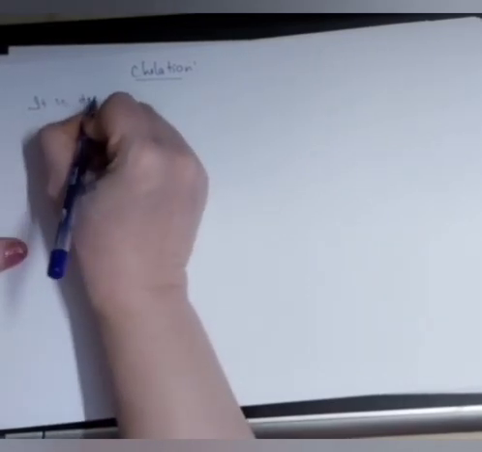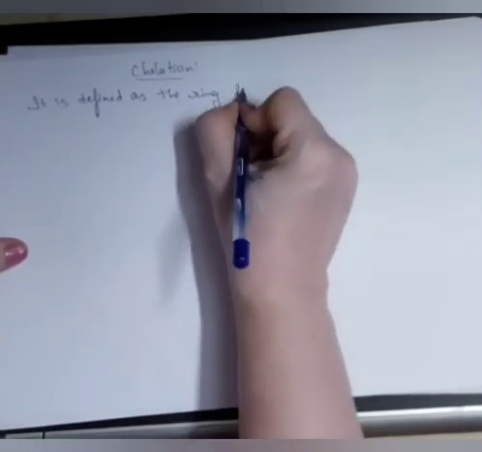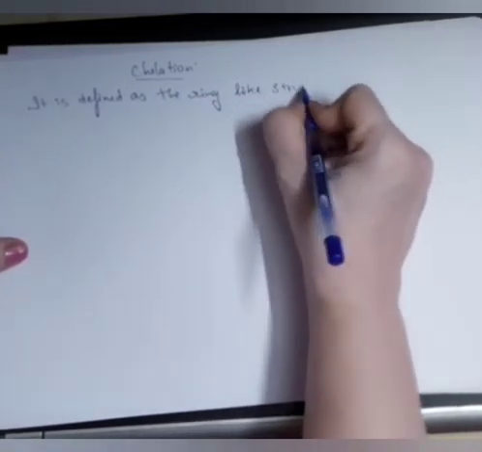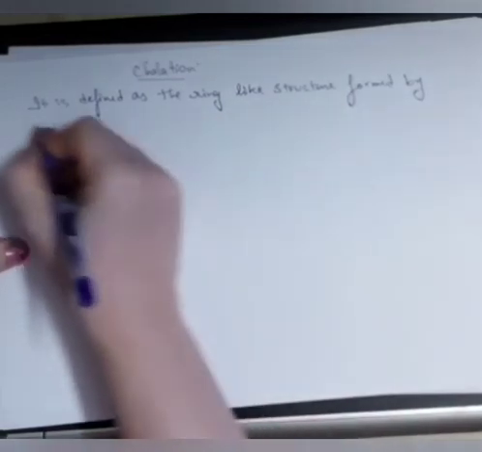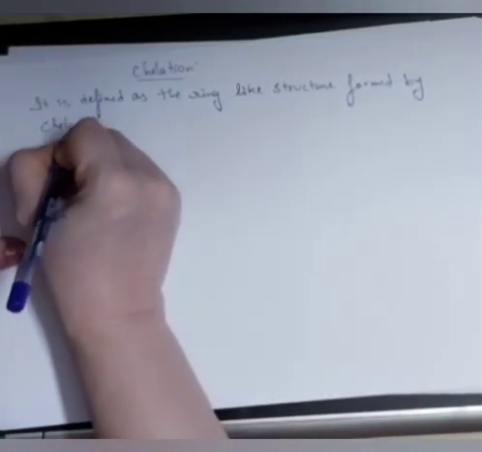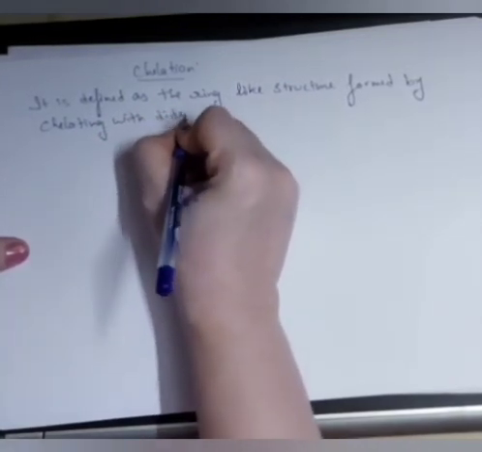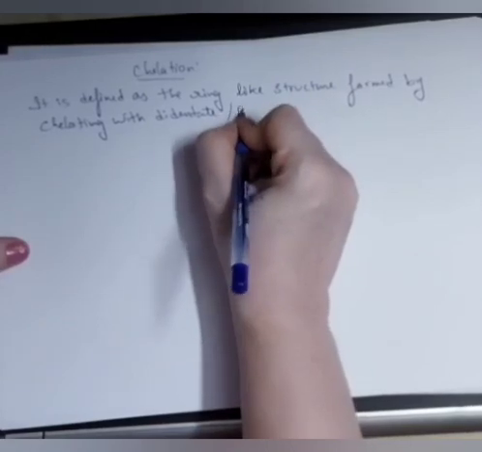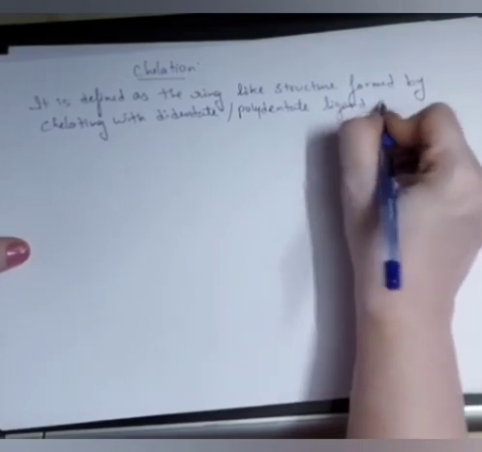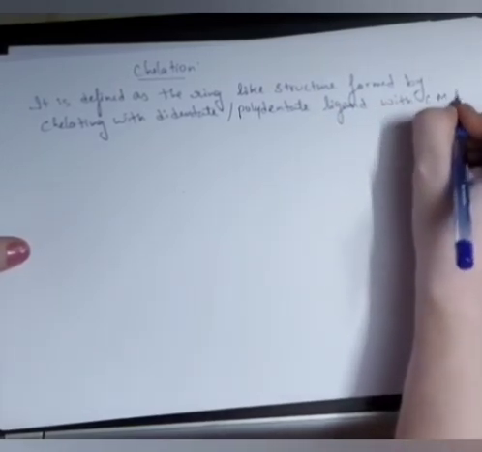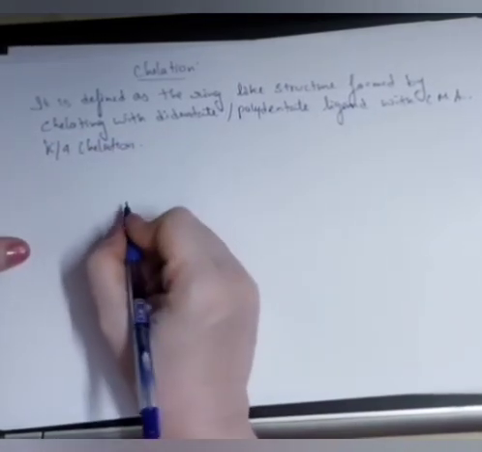It is defined as the ring-like structure formed by chelating didentate or polydentate ligands with a central metal atom, known as chelation. It means what actually? Now look at one example here.